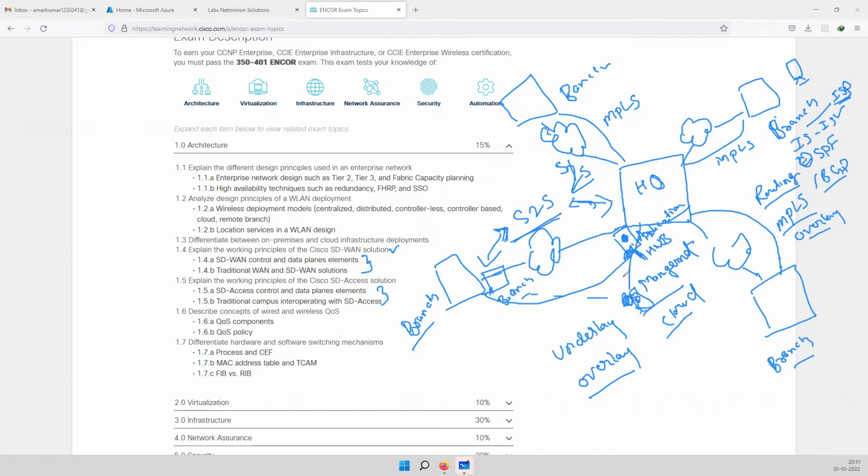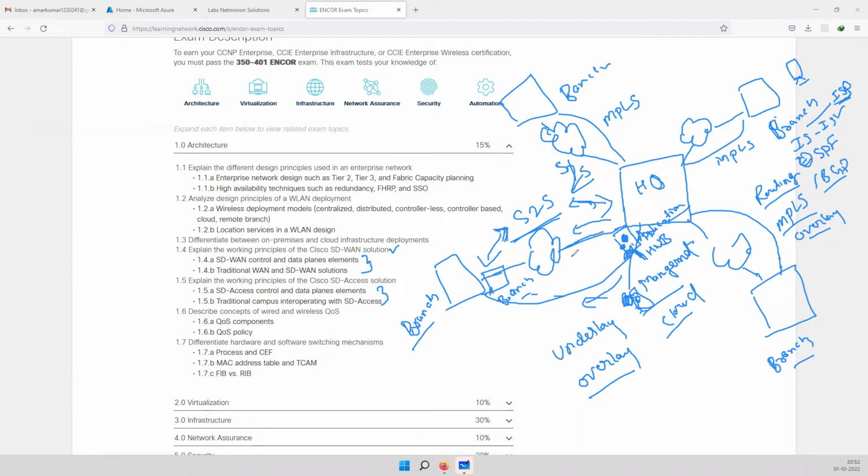You can create a policy on this for how much traffic should go via the site-to-site VPN and how much can go via MPLS, if you have two redundant links. MPLS billing is based on how much data is transferred.